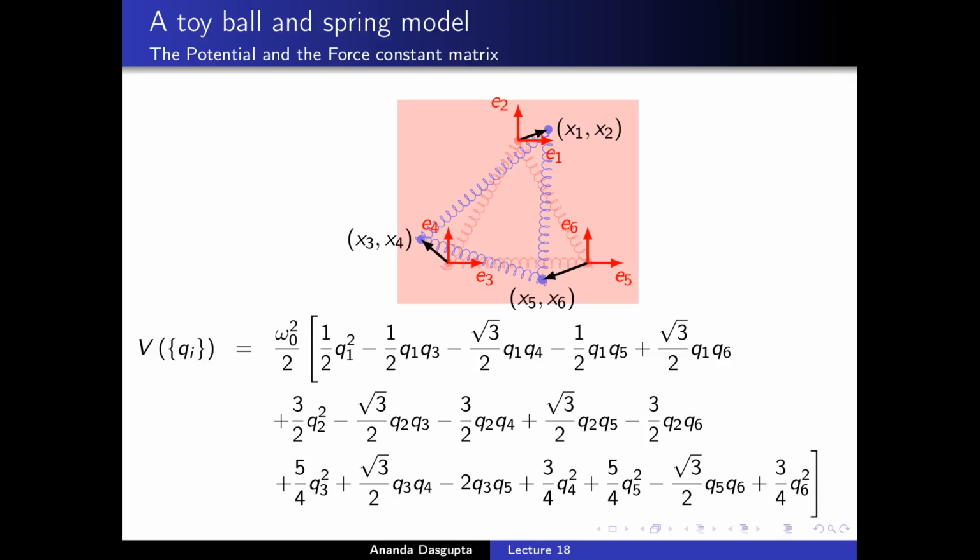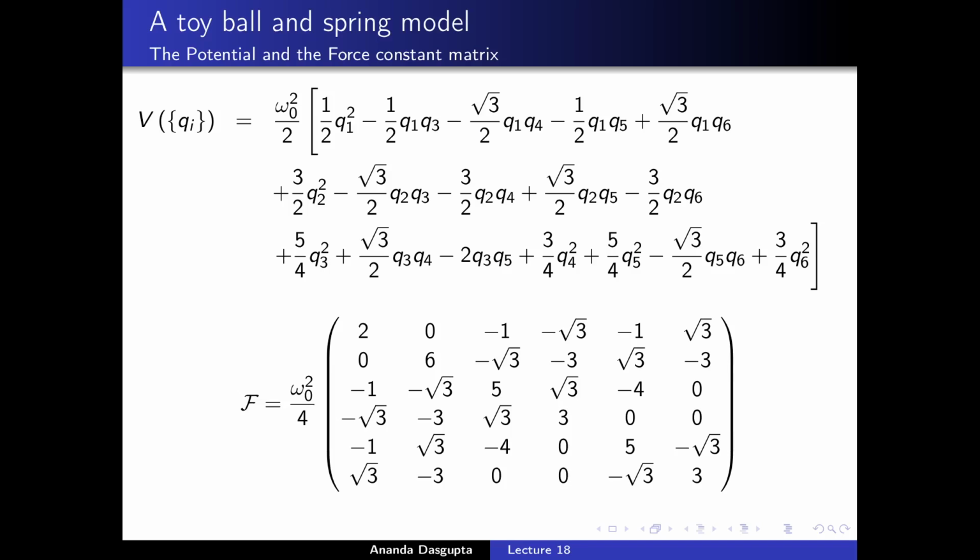Since the Fij's are just the del qi del qj of this V(q), it is very easy to actually write down the matrix form for the curly F, force constant matrix. In fact, you can even just read off the coefficients if you pay attention to this. And the curly F matrix turns out to be this particular 6 by 6 matrix.